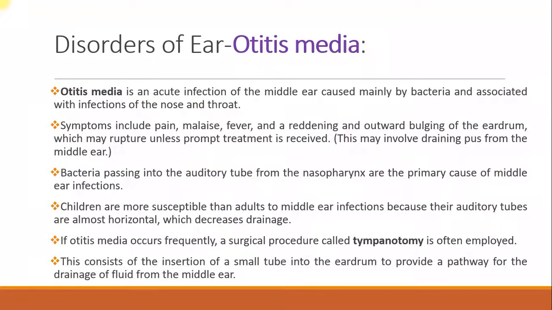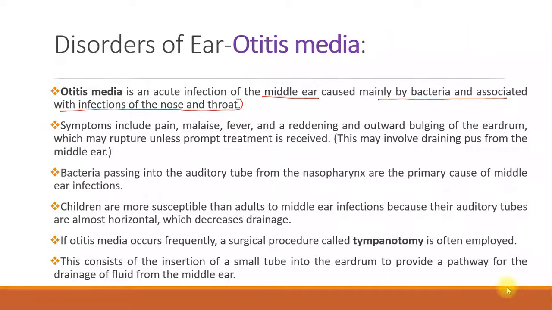Next is otitis media. Otitis media is an acute infection of the middle ear, caused mainly by bacteria and associated with infections of the nose and throat. As we have already seen in the anatomy, the middle ear is connected with the throat, that is the pharynx, by means of the eustachian tube.